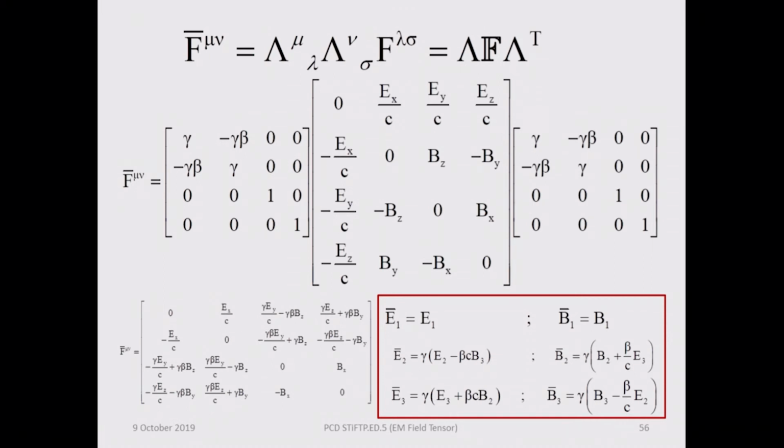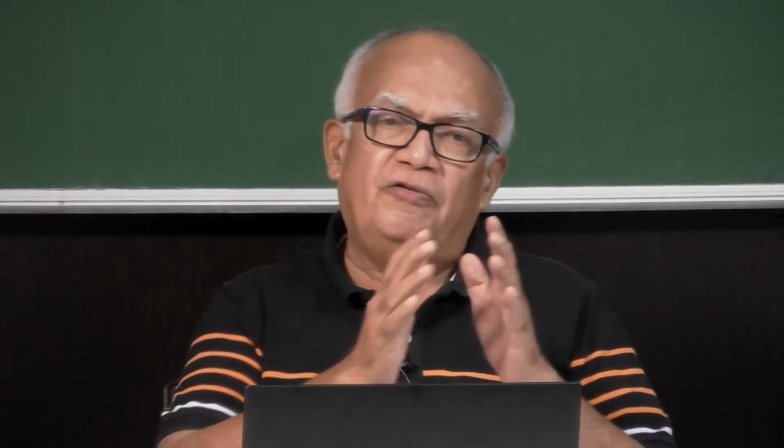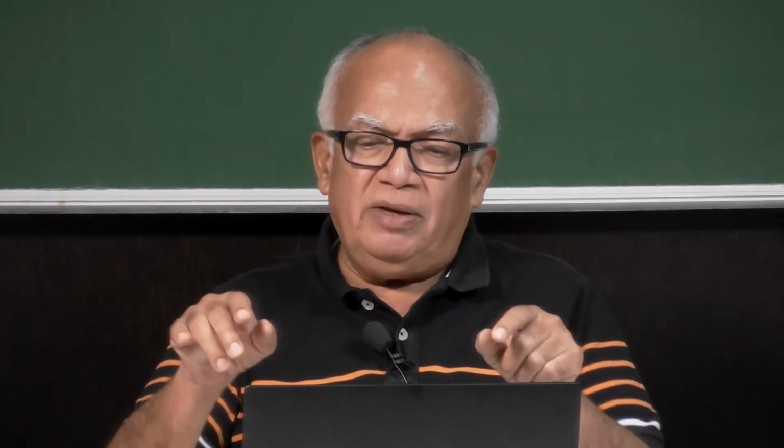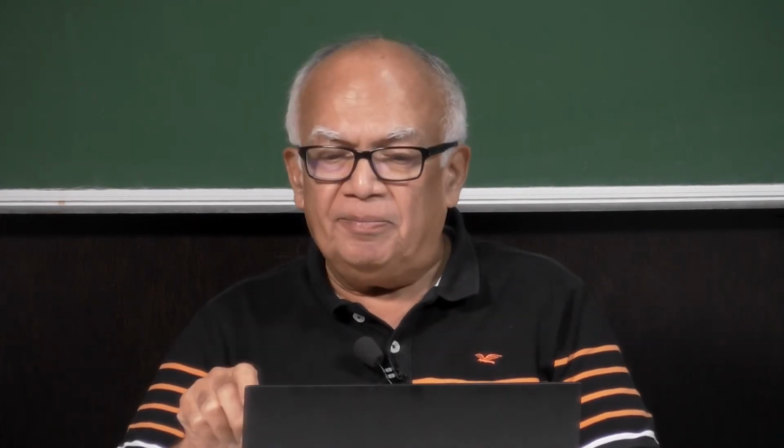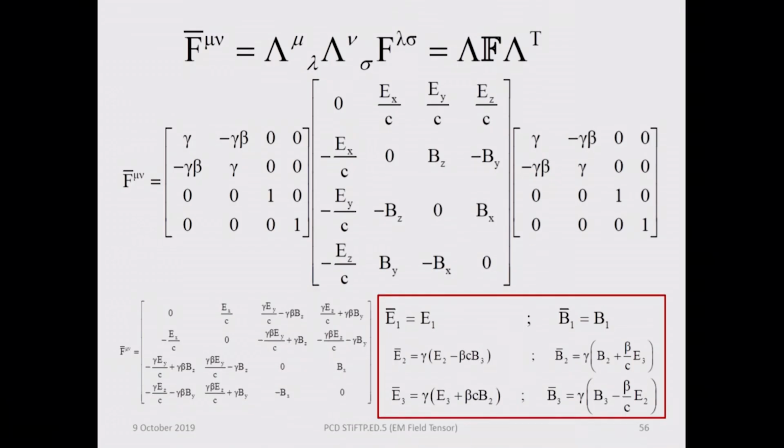In the 3 vector form, you only see that the vector function of one is equal to a function of the other. Del cross E is equal to minus del B by del t. But here you are actually mixing the components of E and B. E2 is mixed with B3. E3 is mixed with B2. Okay?